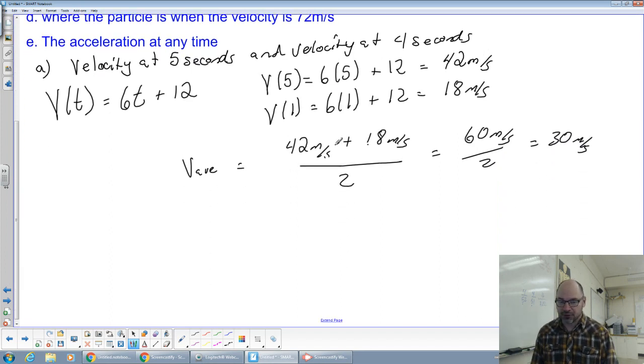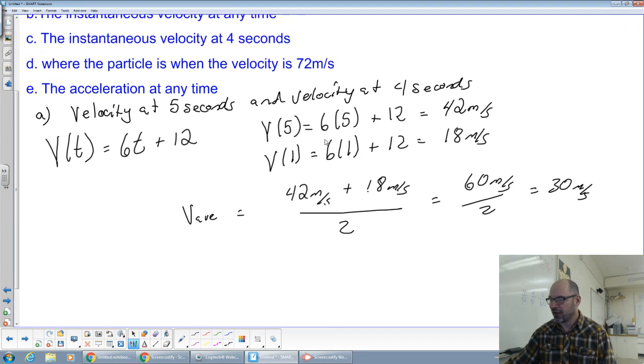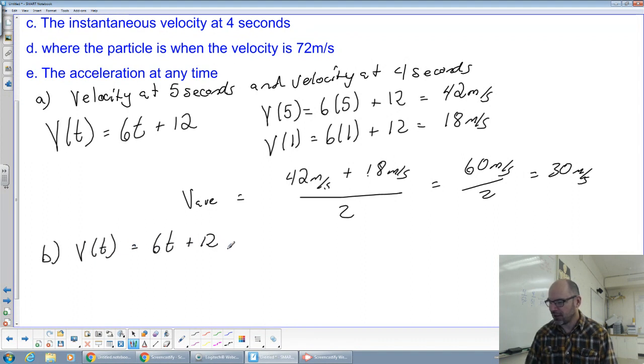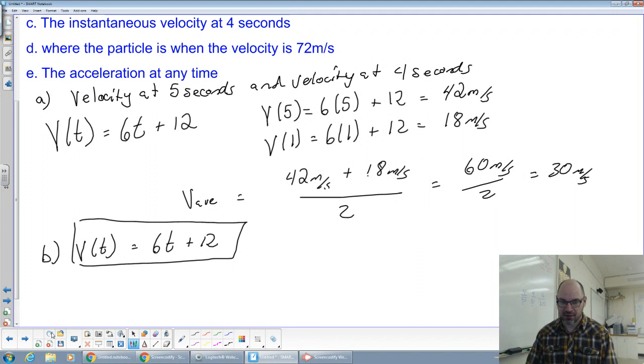Okay, the next question is the instantaneous velocity. So that's a little easier. The instantaneous velocity at any time is just the derivative, which we did take already. Okay, so at any time, this is the instantaneous velocity right here. Okay, and then it says the instantaneous velocity at 4 seconds.